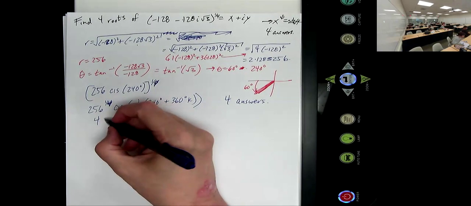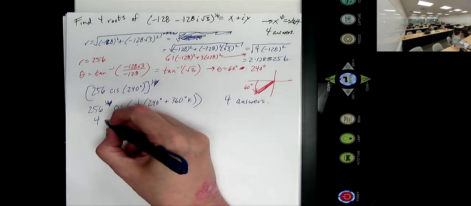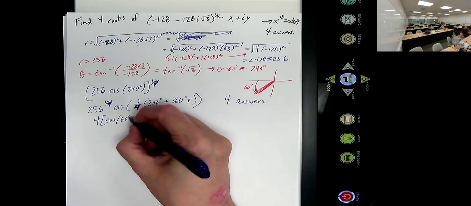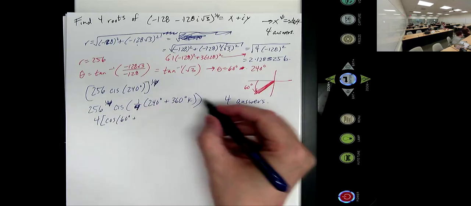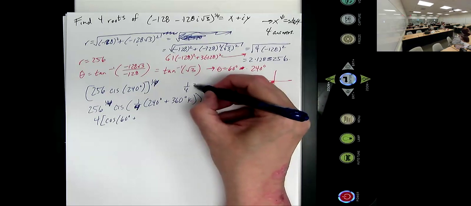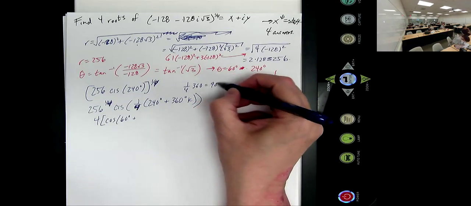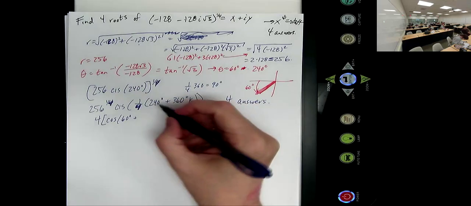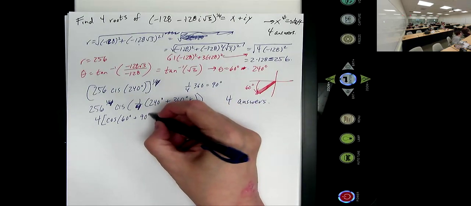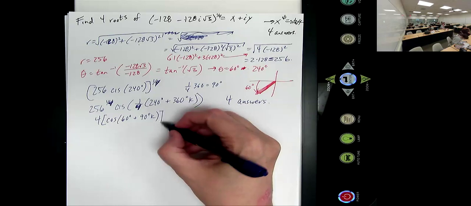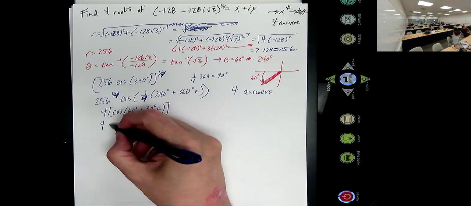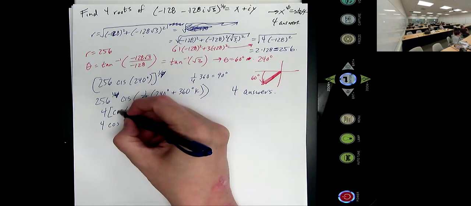And then we're gonna have cosine of 60 degrees. Plus, if I do 1/4 times 360, I get 90 degrees. Alright, now we can write out our 4 here. We've got 4 of cosine, wait, that should say cis.